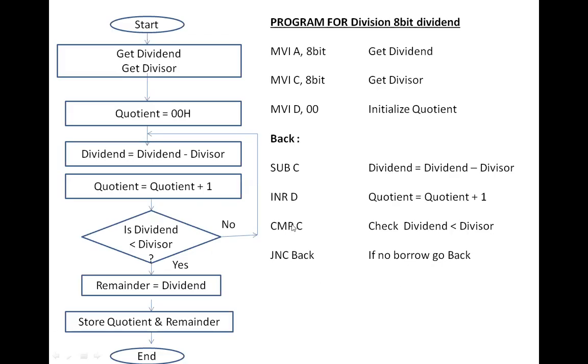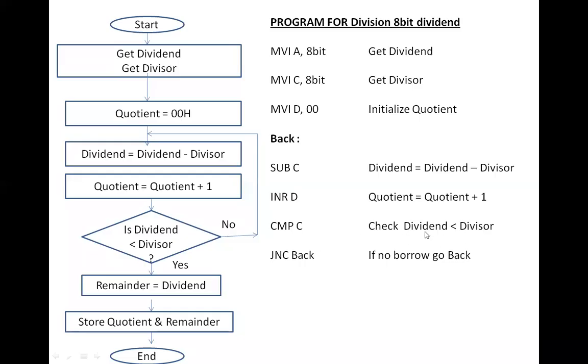But if the dividend value is not less than the divisor, the carry flag will not be set. So if the carry flag is not set, it will go back and again do the same operation, subtract C, that is dividend is equal to dividend minus divisor, and increment the value of the quotient, that is quotient is equal to quotient plus 1, and again check whether the dividend has become less than the divisor or not.